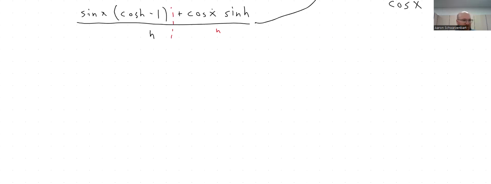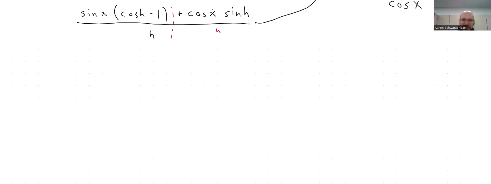And my quotient rule is bottom times derivative of top. The quotient rule, u over v equals, this is a little bit of shortcut notation, u prime plus u v prime over v squared.